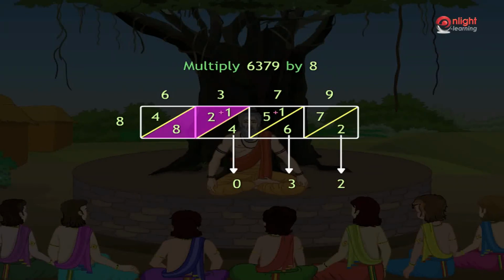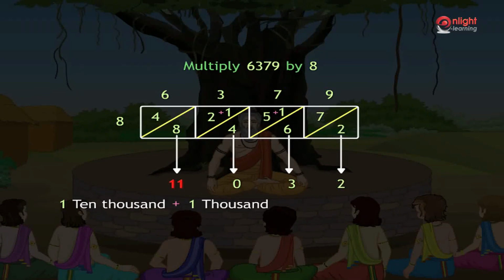So now the numbers along the next diagonal are 1, 2, 8. Adding, we get 11 thousands. Again, regrouping, we get 1 ten thousand, 1 thousand. So write 1 and carry 1 to next diagonal.